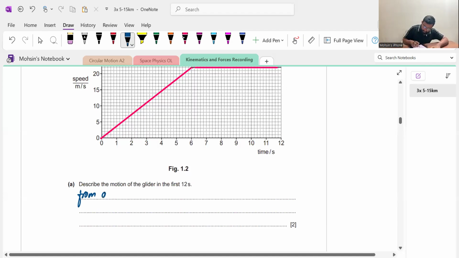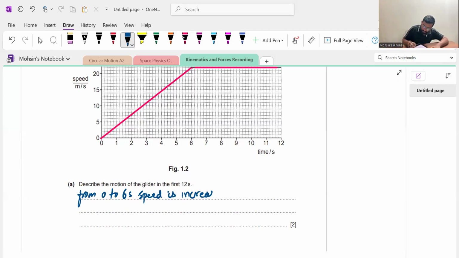So from 0 to 6 seconds, speed is increasing at uniform rate, while 6 seconds to 12 seconds it is constant.